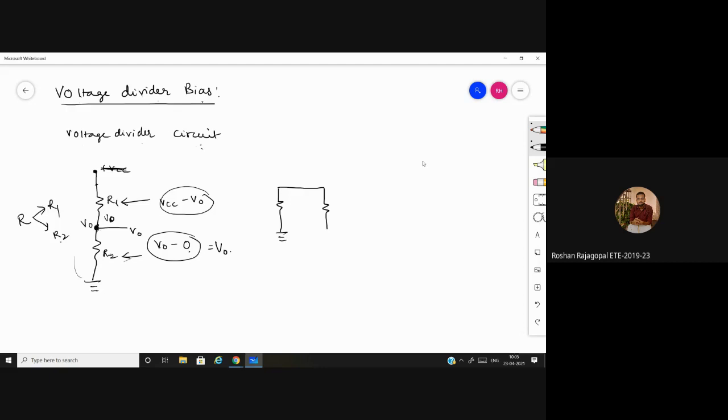This also will be connected here, and we are going to get the output terminal here. So R1 parallel R2, right? Here we are going to get the effective resistance. So this is how we tell they are parallel to each other.